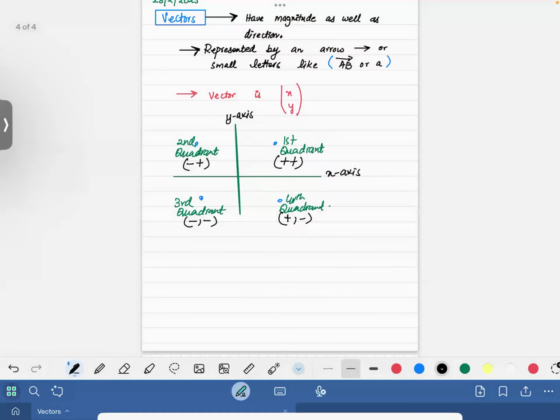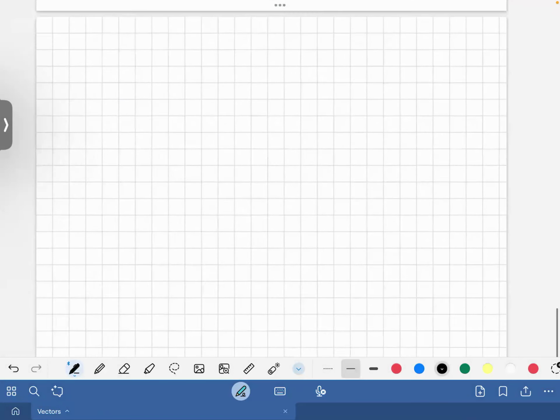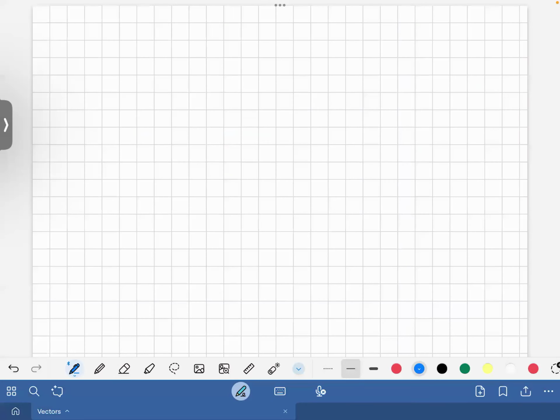As I said earlier, a vector is represented by a bracket with x and y.